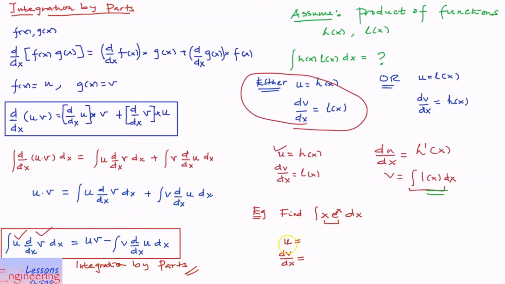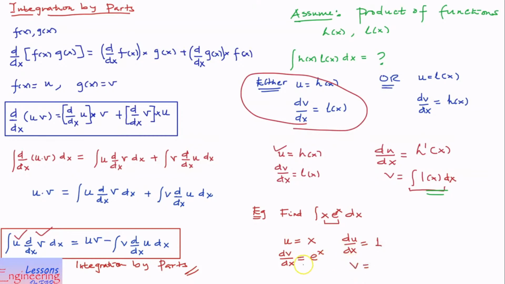For example, if I now choose u to be x and dv by dx to be e raised to x, then my task is to find what v and du by dx are. Du by dx is the derivative of x, which is 1, and that's easy. The other task is to find what v is.